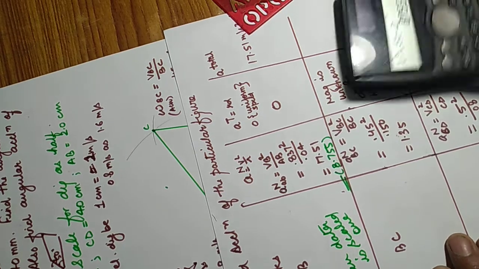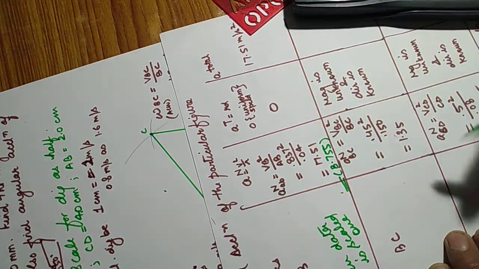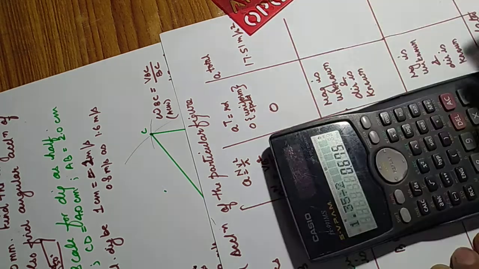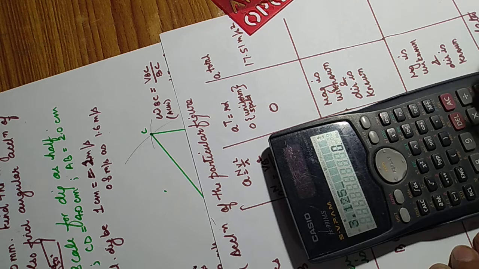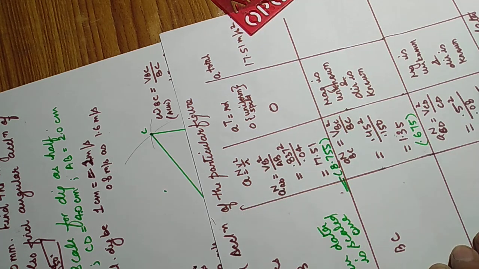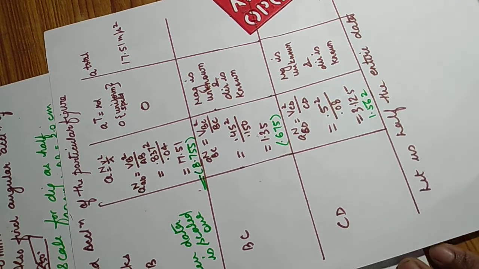Then 1.35 divided by 2 gives 0.675, and 3.125 divided by 2 gives 1.56. I am going to keep this data next to me.